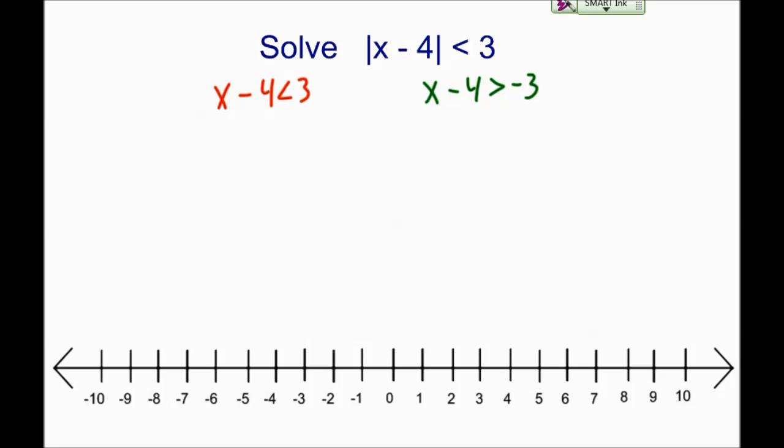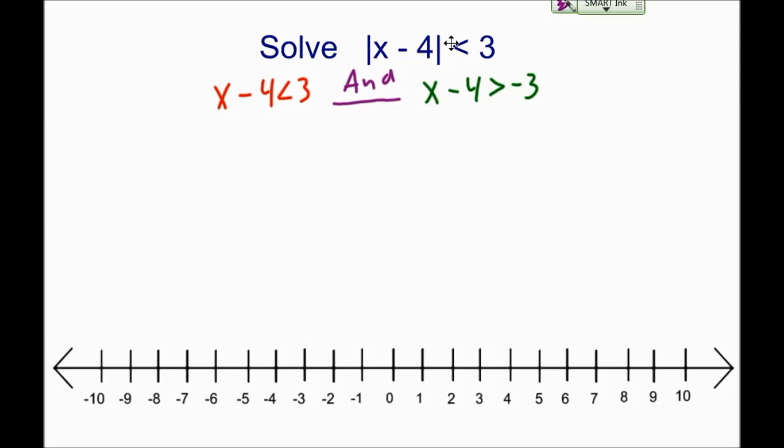But before I go any farther, I have to write this as a compound inequality. Now there's a little nifty trick. If you remember, a compound inequality can either be an and inequality or an or inequality. This one is going to be an and inequality. And you could be wondering, how do I know it's going to be an and inequality? Here's how you know.